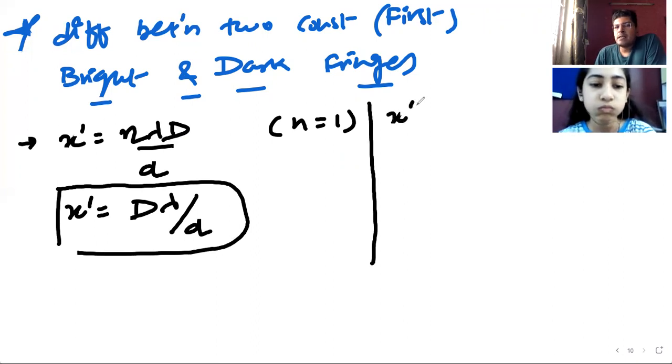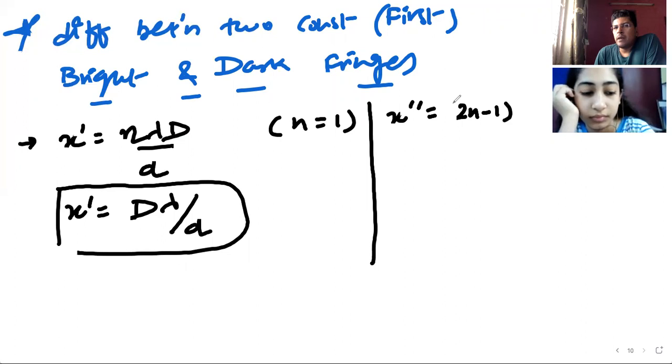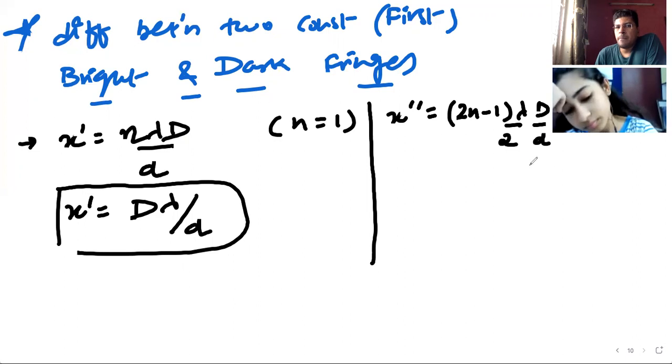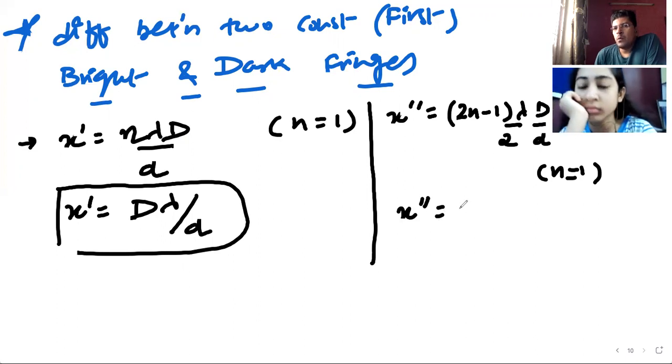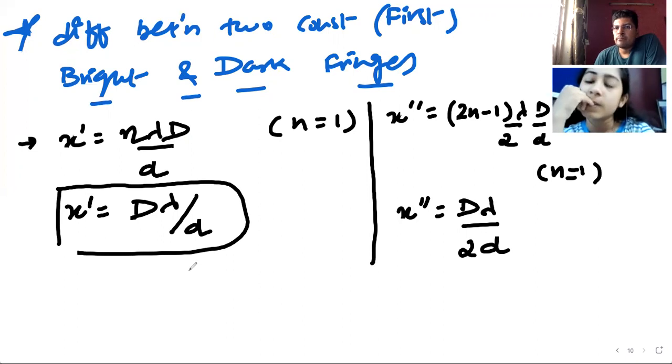And x double dash for destructive interference equals 2n minus 1 lambda by 2 capital D by small d. With n as 1, x double dash equals 1 upon 2 times D lambda by small d. Okay, done.